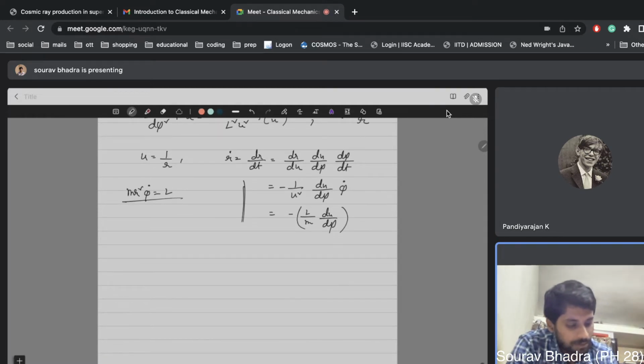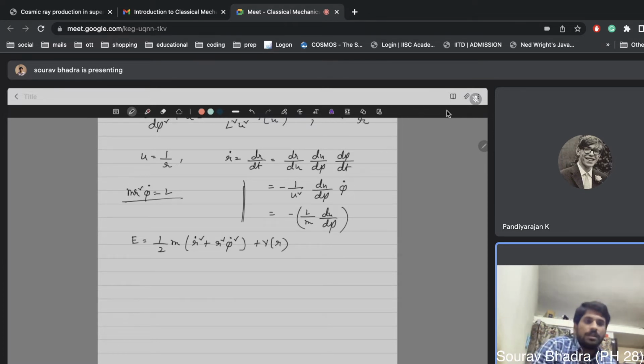Now the total energy of a particle moving in a central force field is half m r dot square plus r square phi dot square, which is the kinetic energy, plus the potential energy, that is V(r).